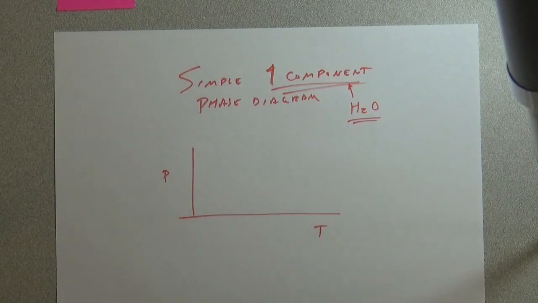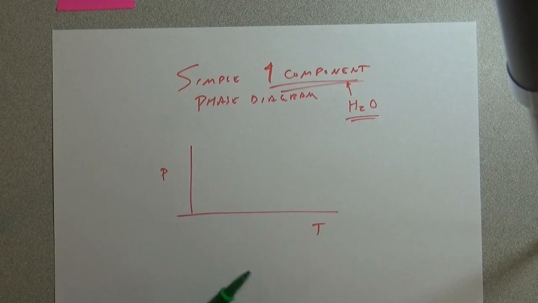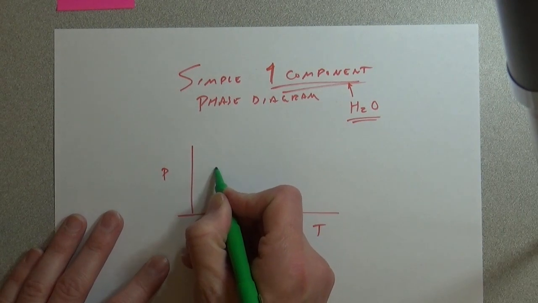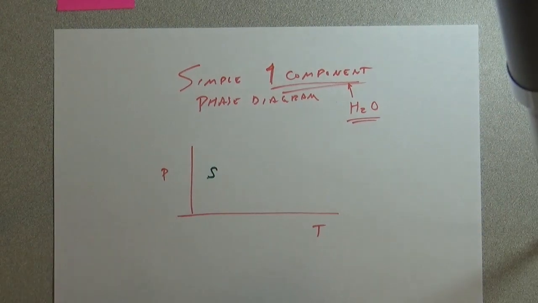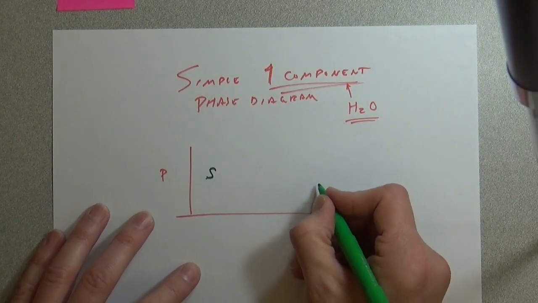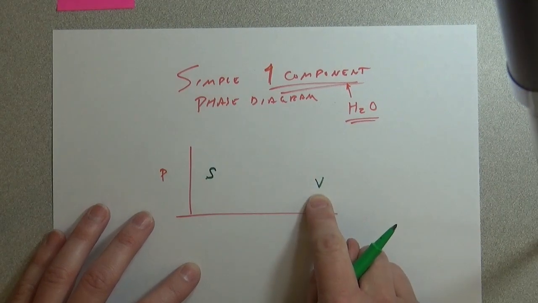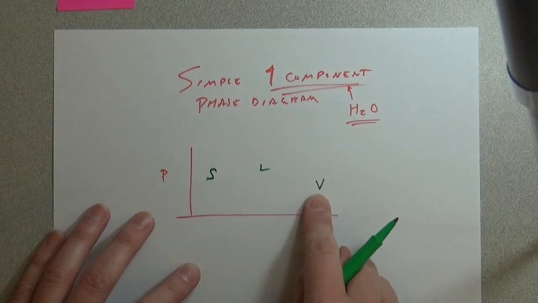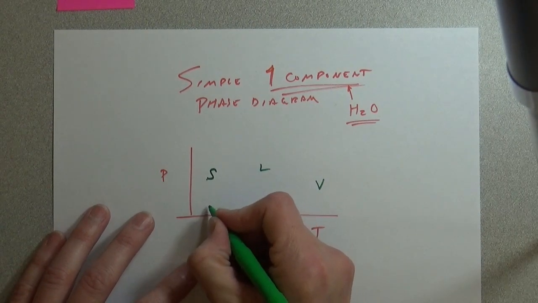We know at low temperature we have solid water, ice, and over here at high temperature we have vapor, and in the middle we have liquid. So solid, liquid, vapor. And the phase boundaries look something like this.